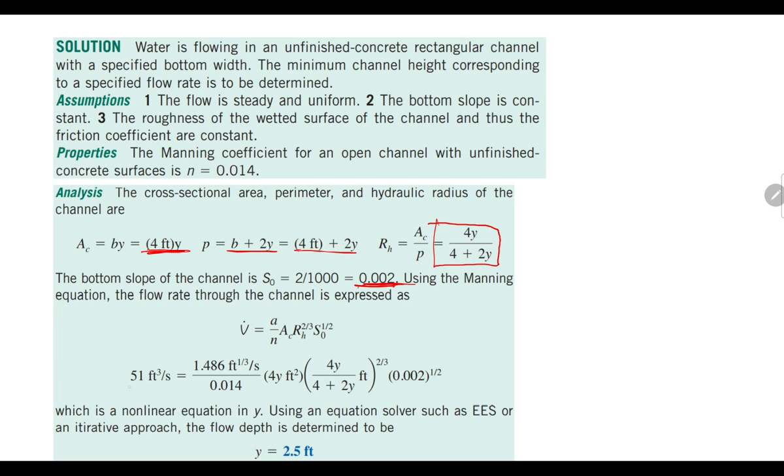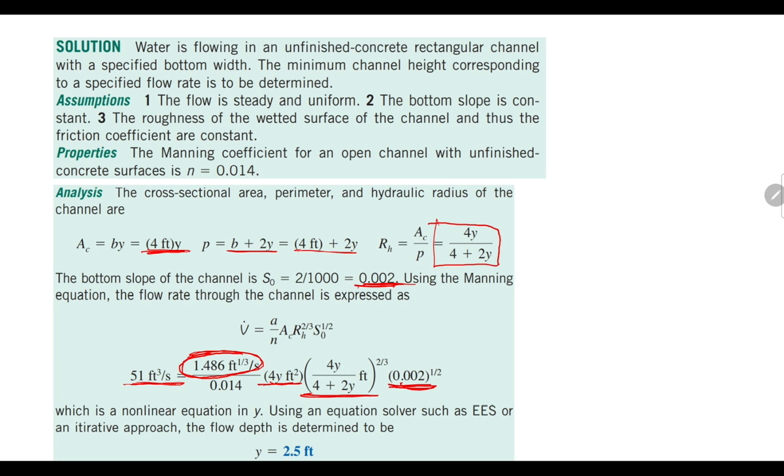We have 51 cubic feet per second for Q. Then since it is in English units, we need to use the factor 1.486. So that's the area, that's the wetted perimeter, and the slope.